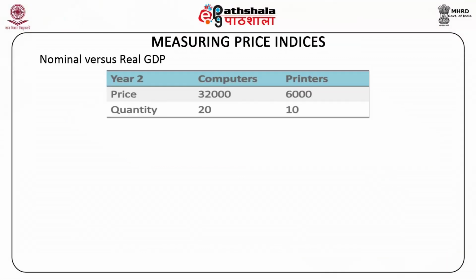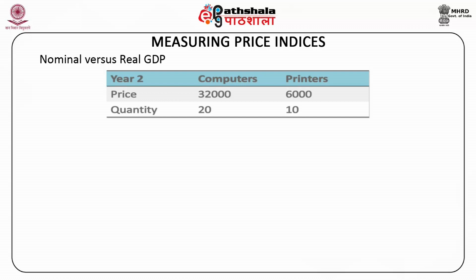In year 2, the production of computers and printers doubles to 20 and 10 respectively. The prices have also increased to 32,000 and 6,000 respectively.